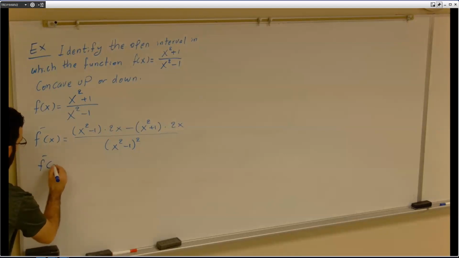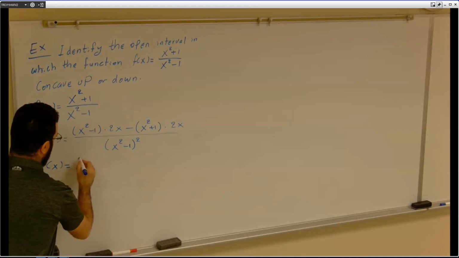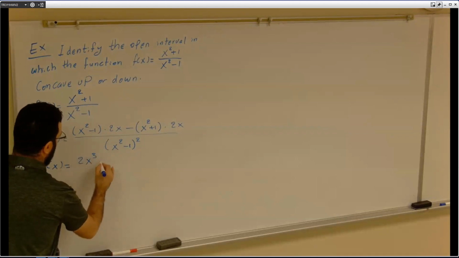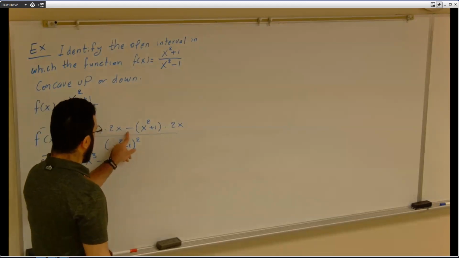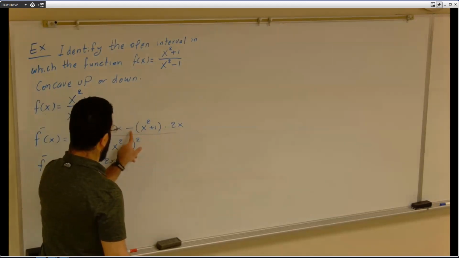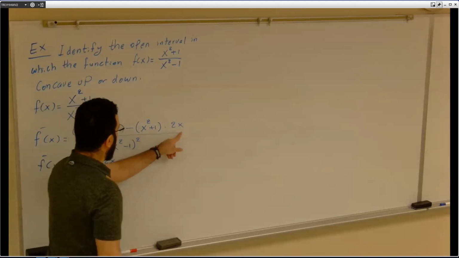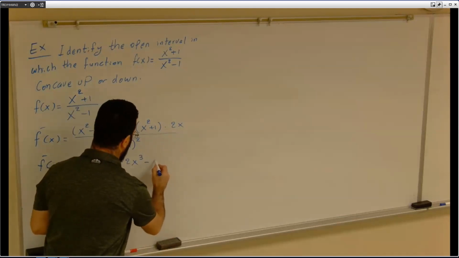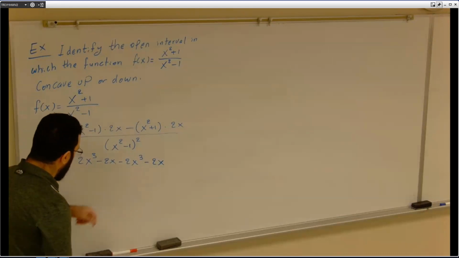The first one is going to be 2x cubed minus 2x. And we have here negative 2x times x squared, so it's going to be negative 2x cubed. Negative 2x times 1 is negative 2x. In this case, this one is positive, this one negative.